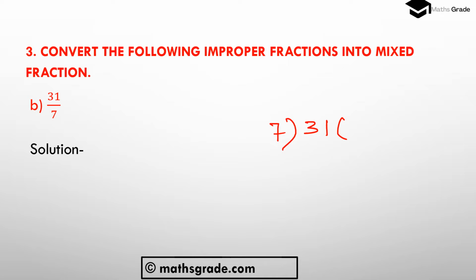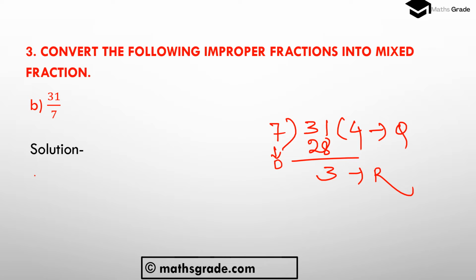In the table of 7, 7 fours are 28 and 31 minus 28 is 3. Now 4 is the quotient, 3 is the remainder and 7 is the divisor. 31 is the dividend. The mixed fraction is quotient, then remainder divided by divisor.